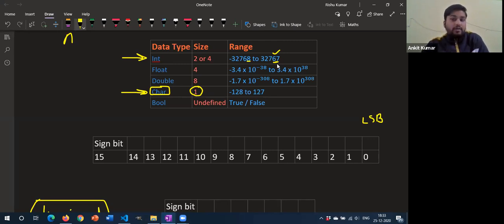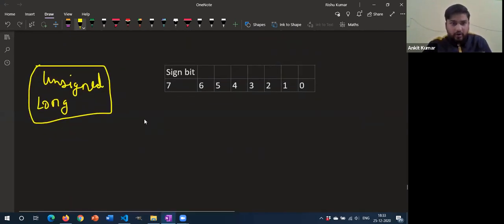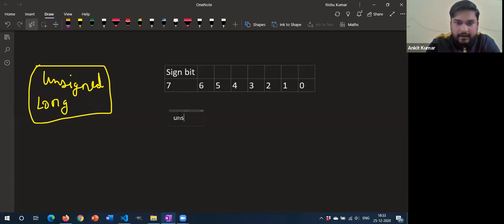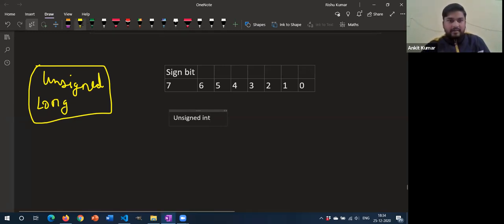If in case you want to store an even larger number, much larger than that, then what should you do? In that case, you have an option. You can use the data type like this: unsigned int. Now, what is the speciality of unsigned int?